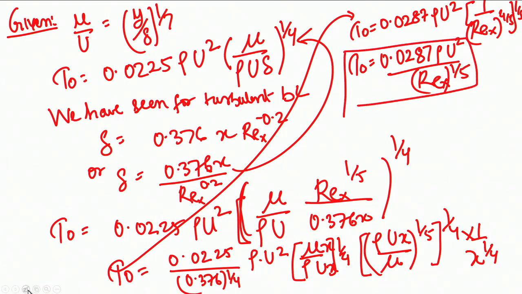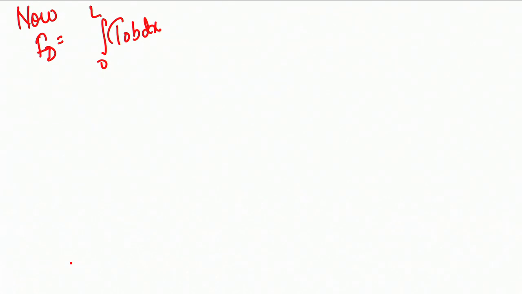Now, Fd is equal to integral 0 to L tau naught b dx. If you substitute this and integrate it, we already have this tau naught in terms of Reynolds number to the power 1 by 5.